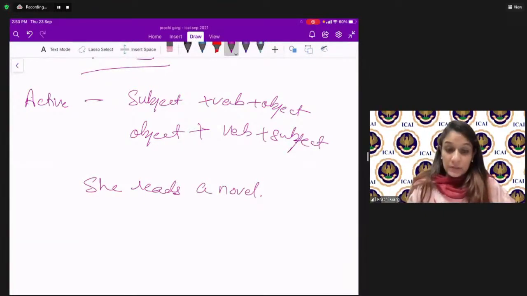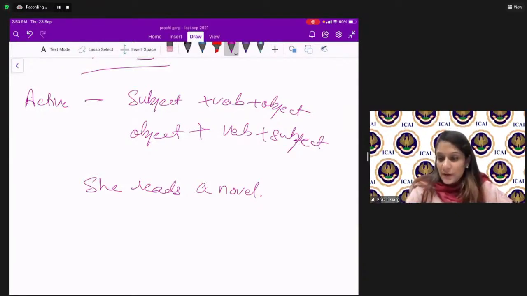Oh, yes. The tense does not really change from active to passive. How will you change this sentence from active to passive? She reads a novel.